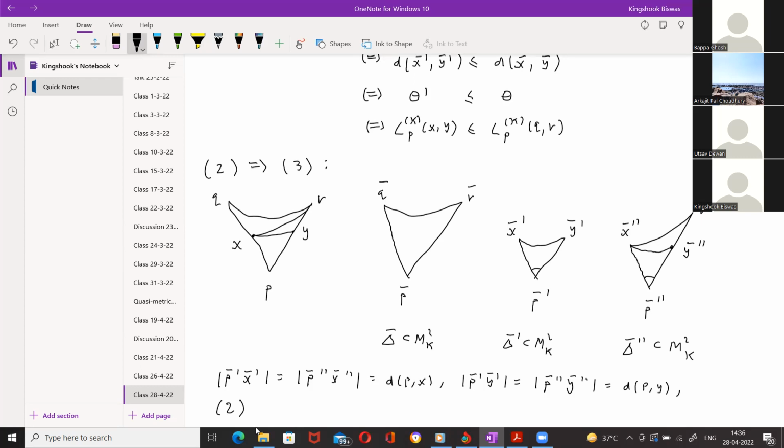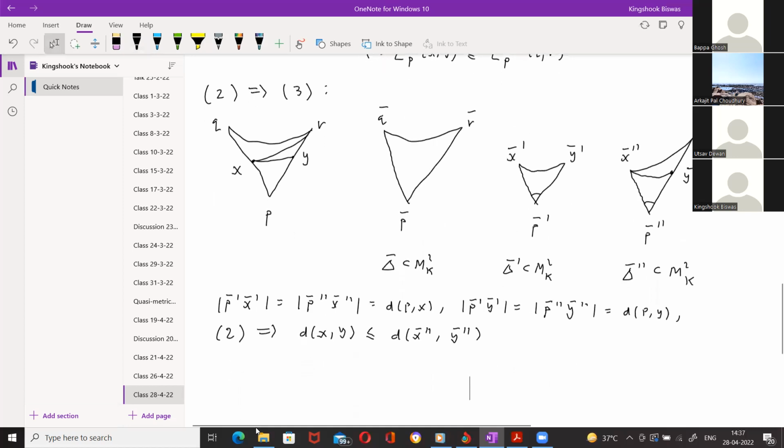Therefore, if I look at the triangle PXR here, then the distance XY is less than or equal to the distance X bar double prime, Y bar double prime, right? Yes. And the distance XY is equal to the distance X bar prime, Y bar prime in this triangle.